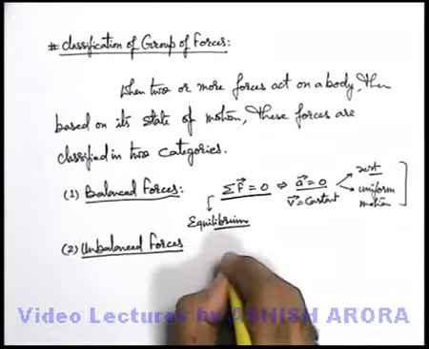As we have discussed, equilibrium implies the net sum of all forces acting on the body is equal to 0. Simultaneously, if the body is at rest, then it is said to be in static equilibrium.